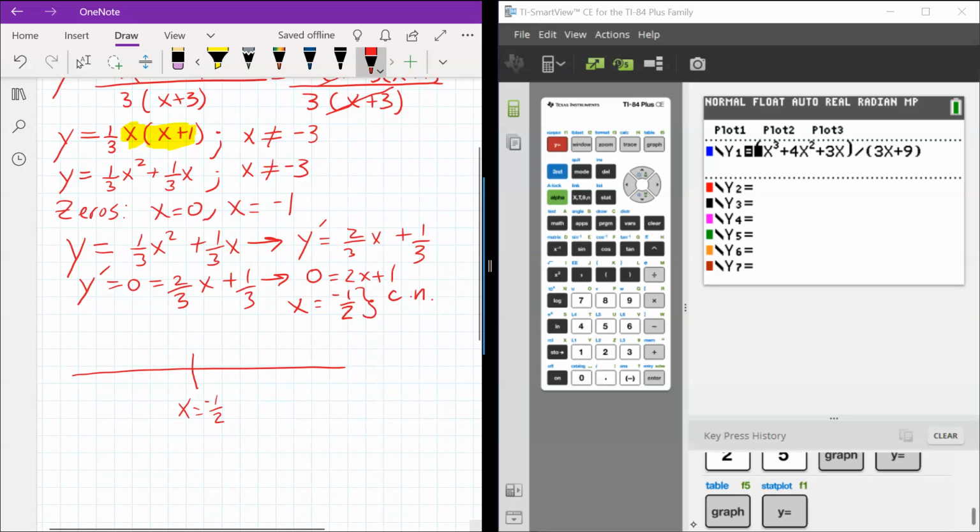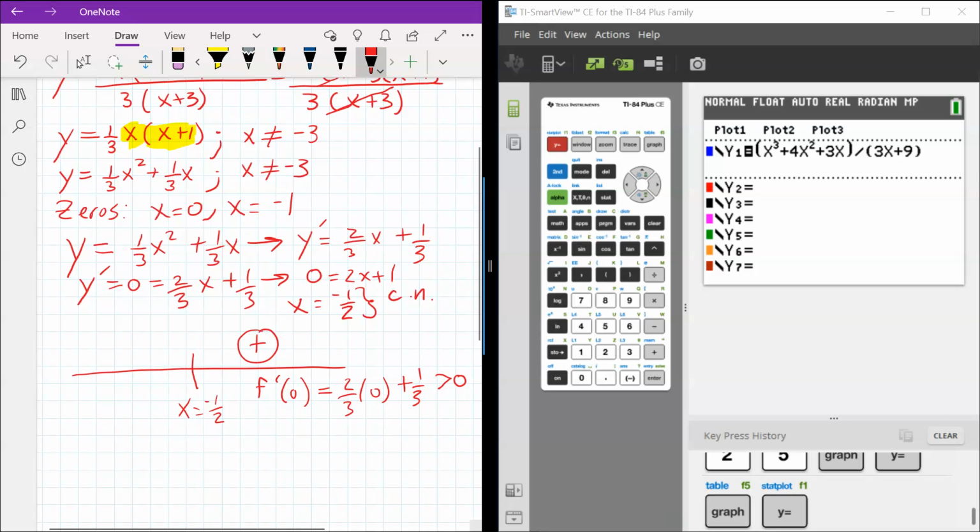We would like to know what happens on either side of that critical number. So I could use a test point. Let's say f prime at, how about 0? And f prime at 0 will be 2/3 times 0 plus 1/3. And all I really care about is the sign. Yes, f prime at 0 is 1/3, but all I need to know is that it's bigger than 0. So over here, it's positive.